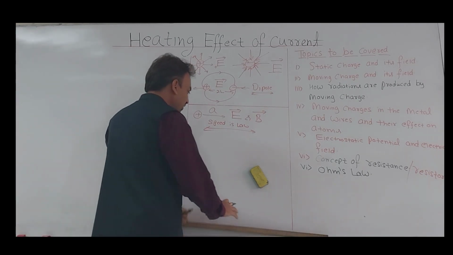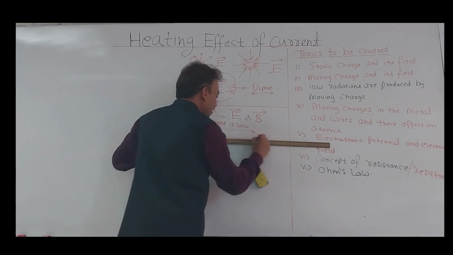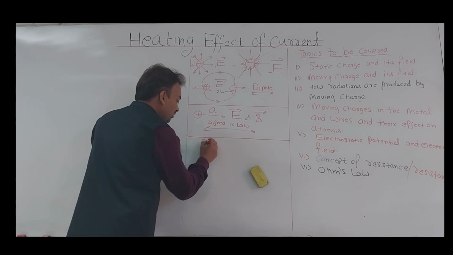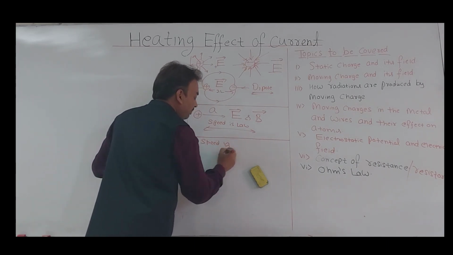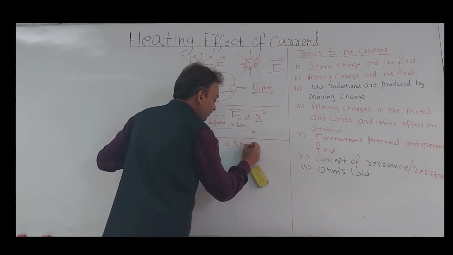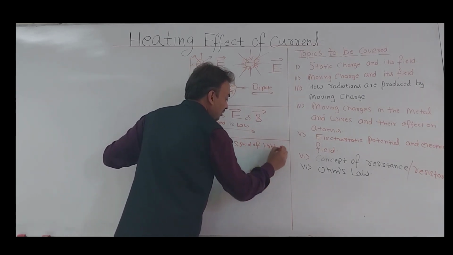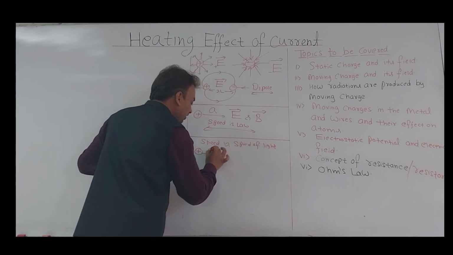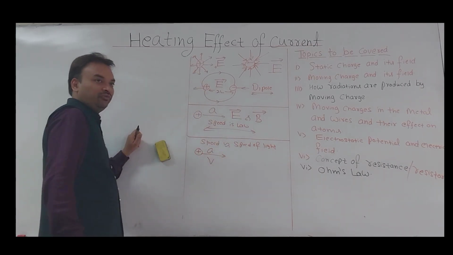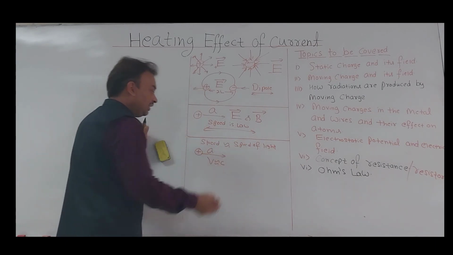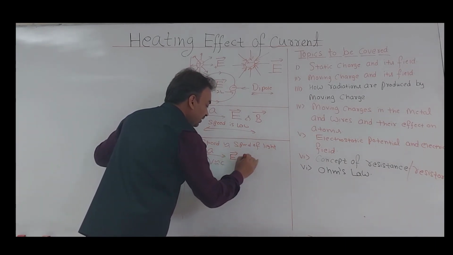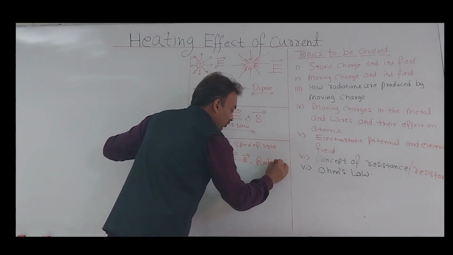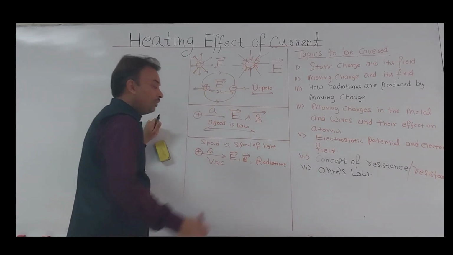But in the third case, if I accelerate the charge to a very high speed, so that the speed of the charged particle becomes comparable to the speed of light, with a speed v comparable to c, then the electric field will be there, the magnetic field will be there, along with the radiations. Radiations means electromagnetic radiations.